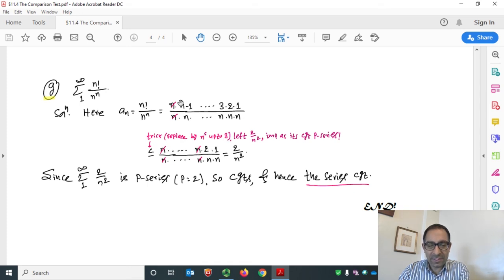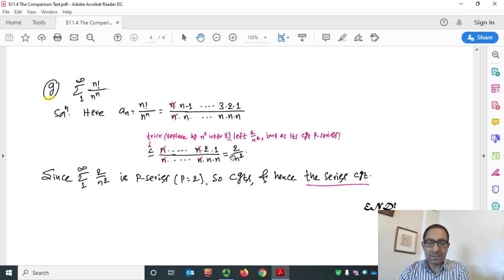That means I'm replacing in my numerator the numbers from n to 3 by the bigger number, which is n. So obviously this inequality is less than or equal to. Copy the denominator. Then we can cancel these n's. So what's left? 2 over n, 1 over n left. So that means we have 2 over n square left.